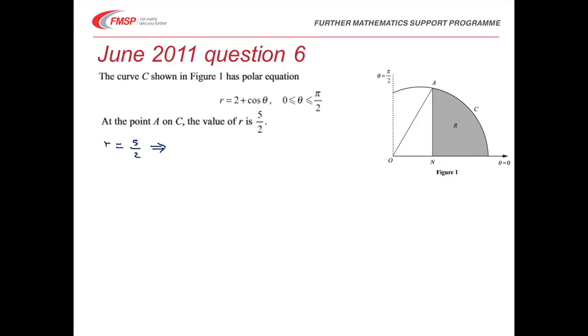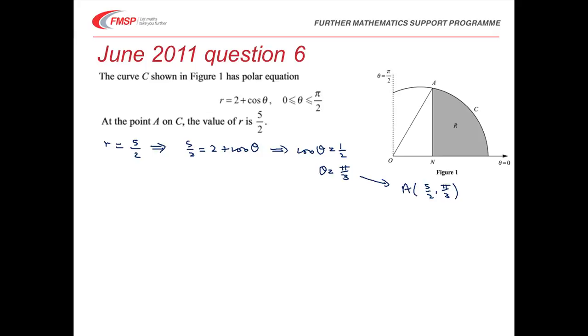So if I know that r is 5/2, I can sub that into my polar equation in order to find that cos theta is 1/2, and therefore theta is pi/3 radians. So we now know the coordinates of A in polar form are 5/2, pi/3. Okay, so we've got all the information we need about A.